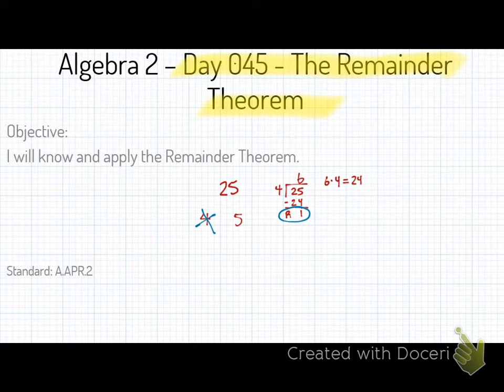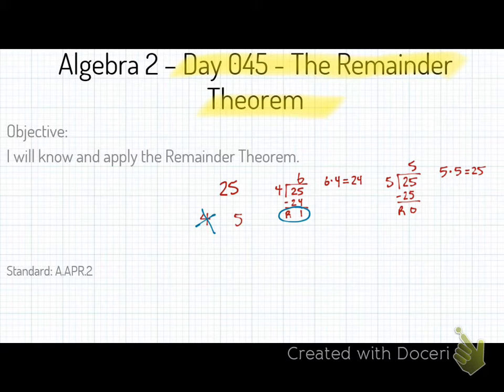Now let's say we did the same process on 25, and we didn't know 5 was a factor. We go 25 divided by 5. Well, 5 goes into this perfectly. 5 times 5 is 25, and our remainder is 0. I could check by multiplying it back out and I get the original problem.